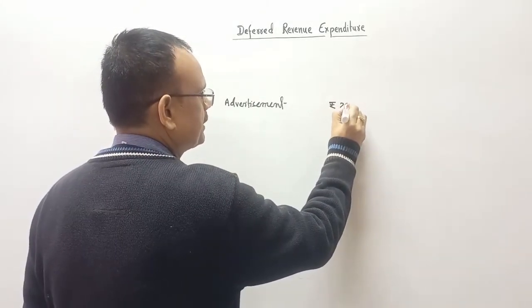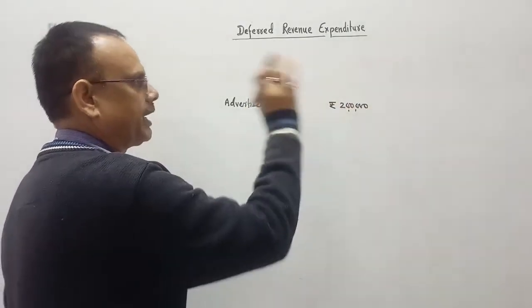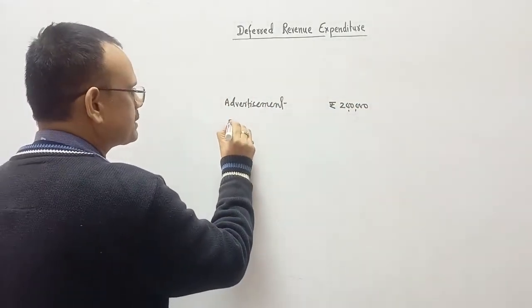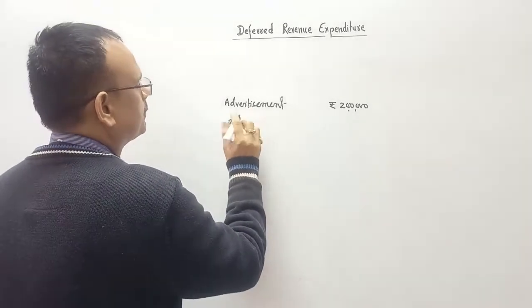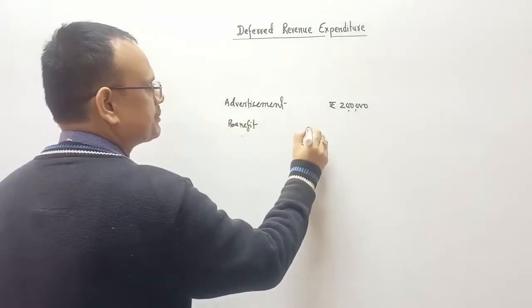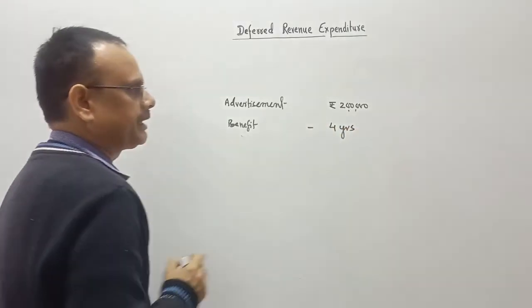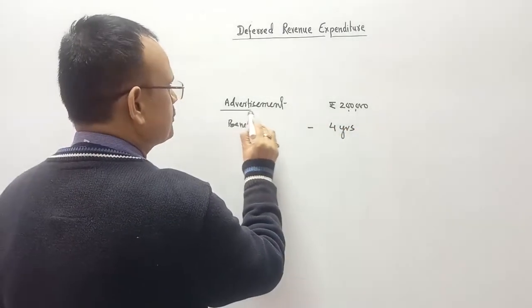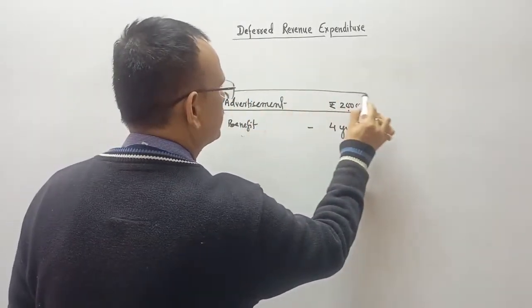We have done the expenditure on this head, 2 lakhs, but the benefit of this expenditure will be for 4 years. We will get the benefit of this advertisement expenditure for 4 years.